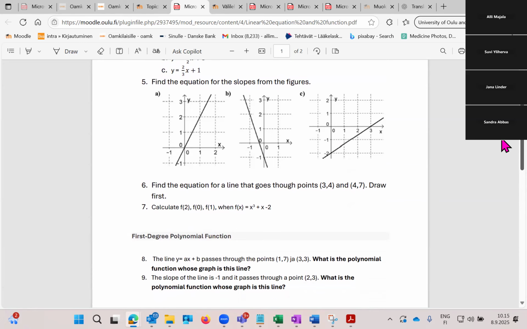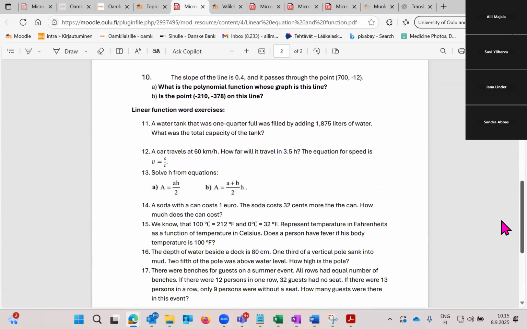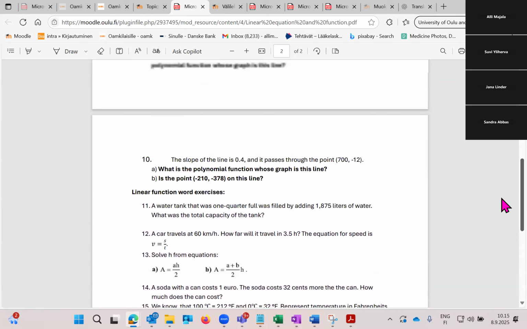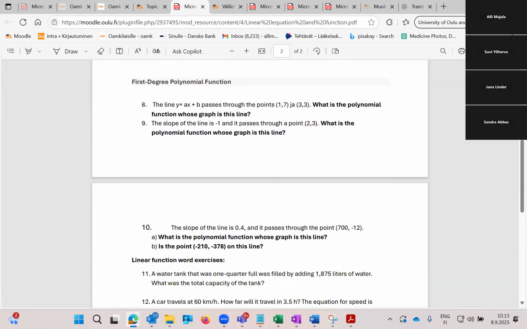Yes, I think this was the last thing that we did last time. And then there are still quite a few exercises, so we will use this lesson to calculate this material through. And the ones who are progressing faster can progress to the next topic when you feel you know enough about this topic.